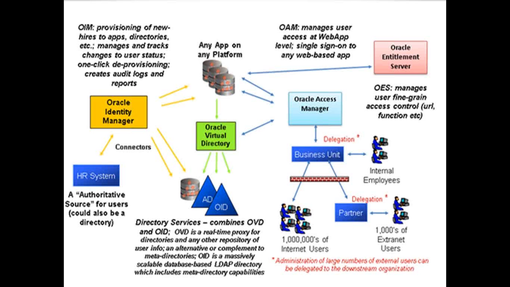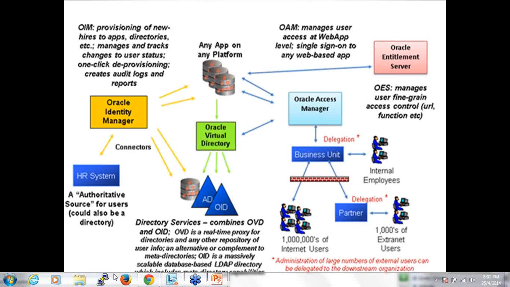In this case, it's AD and OID. OID is a massively scalable database LDAP directory. It's just like an LDAP or AD directory wherein the users, groups and policies are stored.